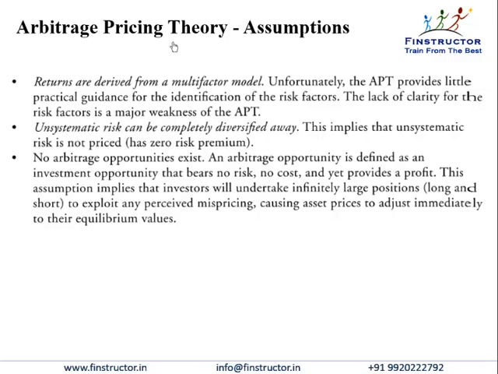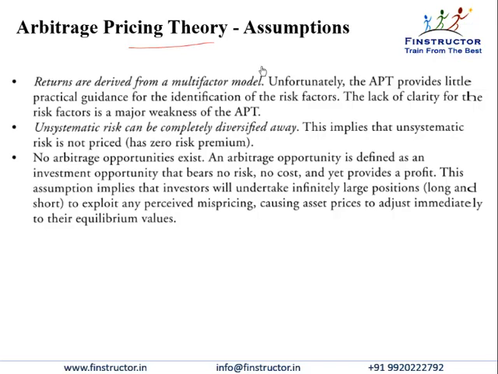The arbitrage pricing theory does not need any assumptions of the CAPM or the capital market theory. So we don't need perfect markets, we don't need same expectations, we don't need same investment horizon. None of the assumptions that we needed there are needed under this theory. So that's the basic advantage. The APT has some assumptions though which are a lot less limiting as compared to the CAPM assumptions.